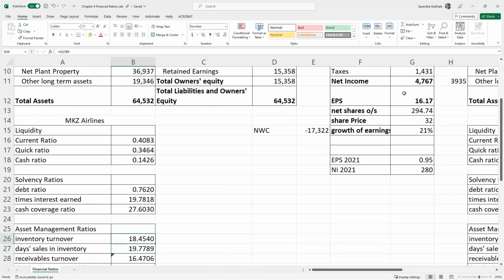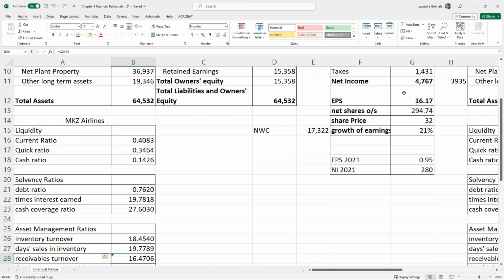So inventory turnover in a year, assuming that the income statement is an annual income statement, is 18.45 times. And so the days sales in inventory becomes 365 divided by the 18.45, or 19.77. So about 20 days inventory is churned over every time to make sales.